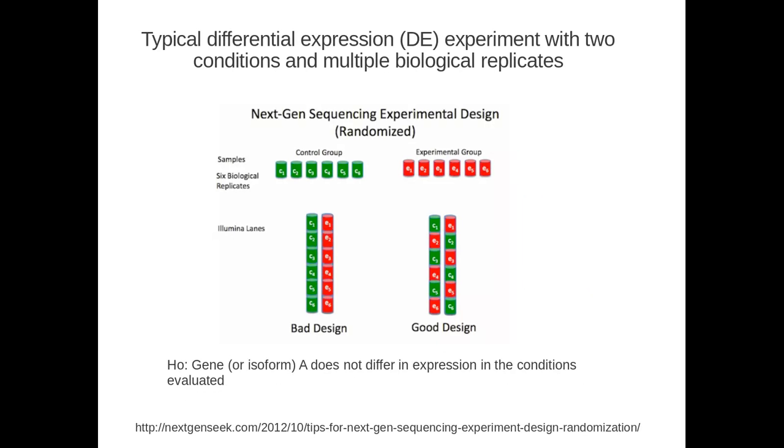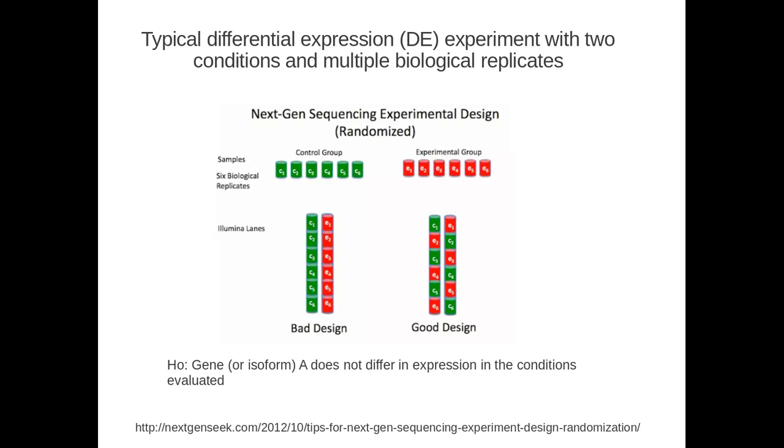So before diving into some of the statistics, I thought I'd make it clear exactly the type of experimental design we're talking about, and what experimental design we're trying to obtain statistical significance of gene expression differences between treatments. So this is a fairly standard, simple but standard experimental design that is currently being performed in RNA-seq analysis.